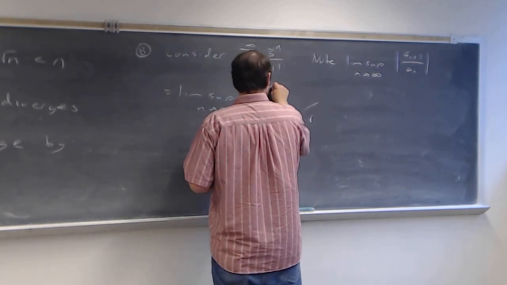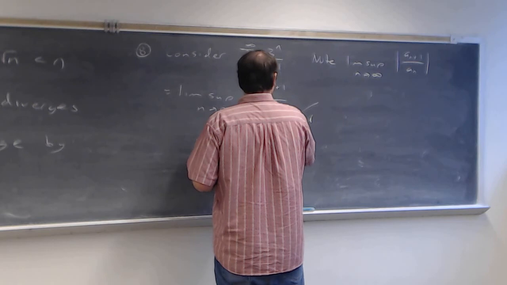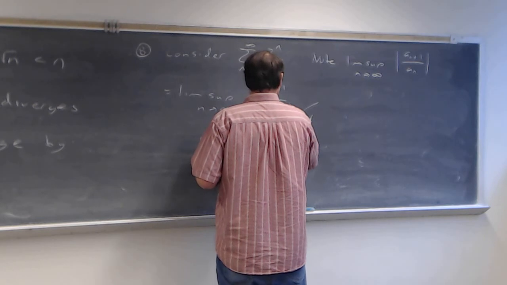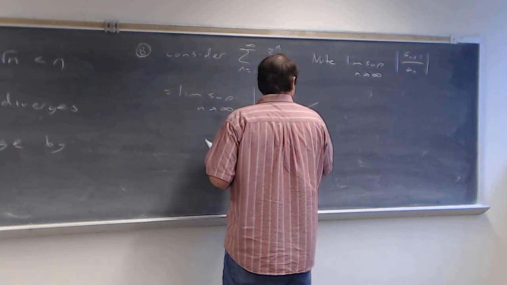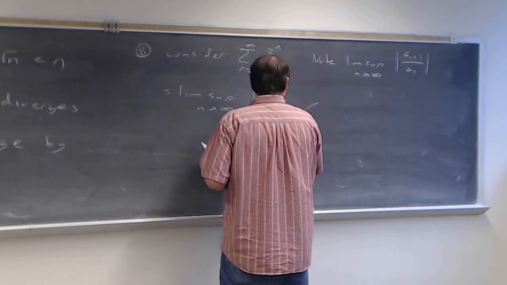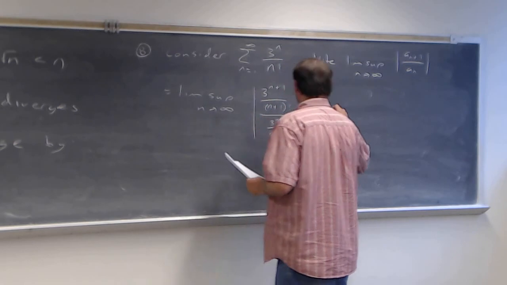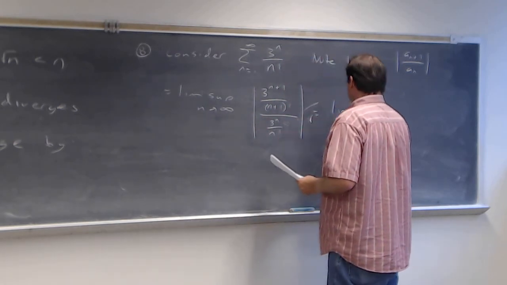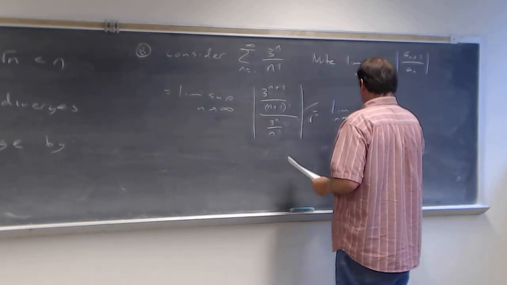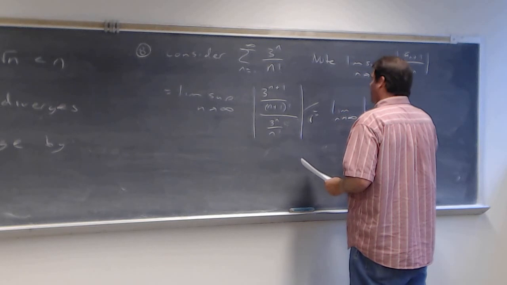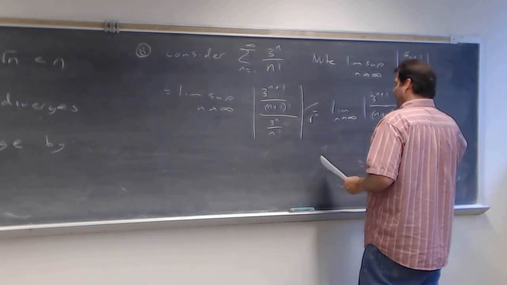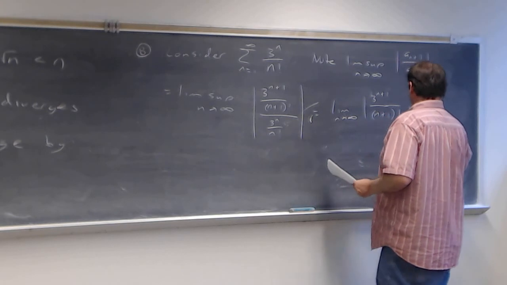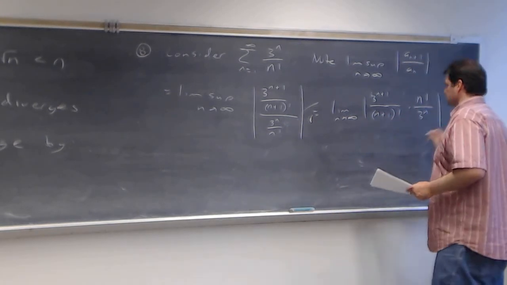So here, this will be 3 to the n plus 1 over n plus 1 factorial, all divided by, in this case, absolute value because these are real numbers, 3 to the n over n factorial. That's equal to the limit as n goes to infinity of 3 to the n plus 1 over n plus 1 factorial times the flip of this, n factorial over 3 to the n.